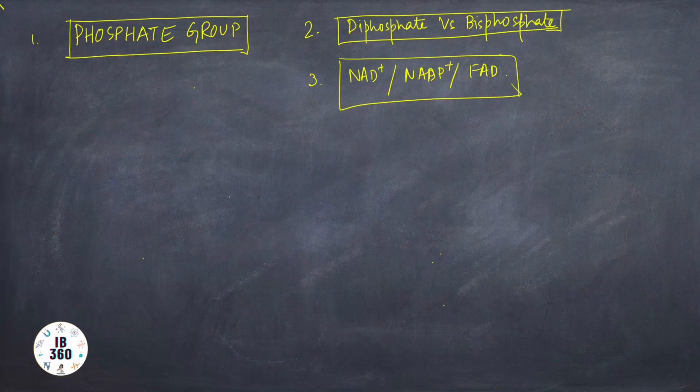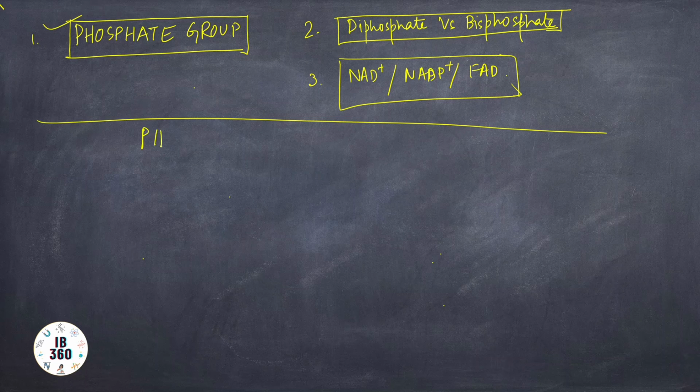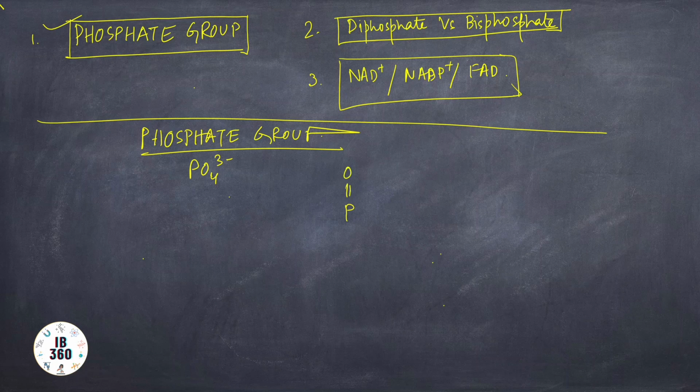The first thing is the phosphate group. It has a chemical formula of PO4 3-. We have the central phosphorus atom, which has a valency of 5. It is double bonded to one oxygen and single bonded to 3 hydroxyl groups.